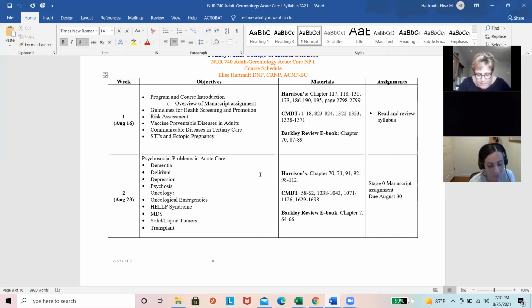Some questions on TB, who's at risk for TB, the treatment for TB, meningitis, bacterial versus viral, signs and symptoms and treatment for Lyme disease. A question regarding necrotizing fasciitis, being able to differentiate dementia versus delirium.